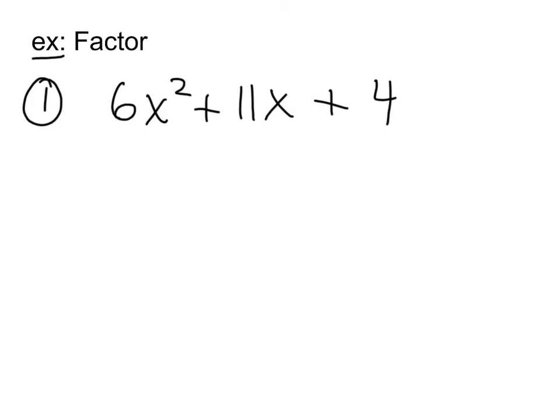Now, we should always check if there's a GCF in our trinomial. 6, 11, and 4, well, 4 is the smallest. 4 only composes of 2 times 2. 2 can't go into 11. 2 can go into 6, but who cares? It couldn't go into 11. So the GCF is 1. And there's an x squared, x, no x's. Once we've done that mental check, we should always check if there's a GCF just to be safe.